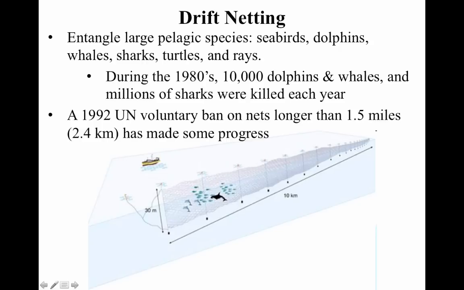And if it came up onto their boat, it probably wouldn't survive, and they would just dump it back in the water. So a lot of dolphins died in this kind of technique, but also turtles and occasionally whales or birds.